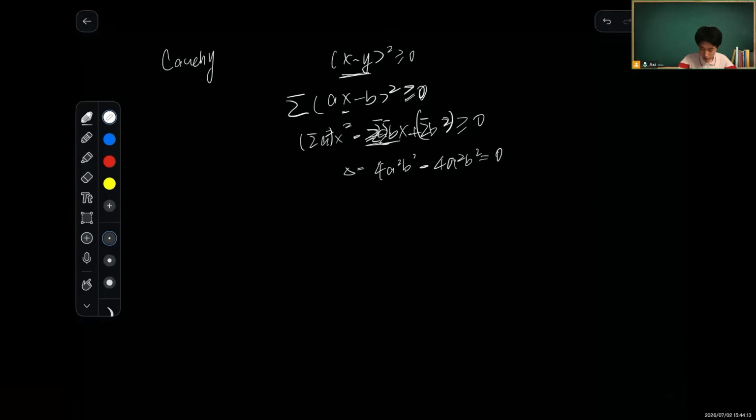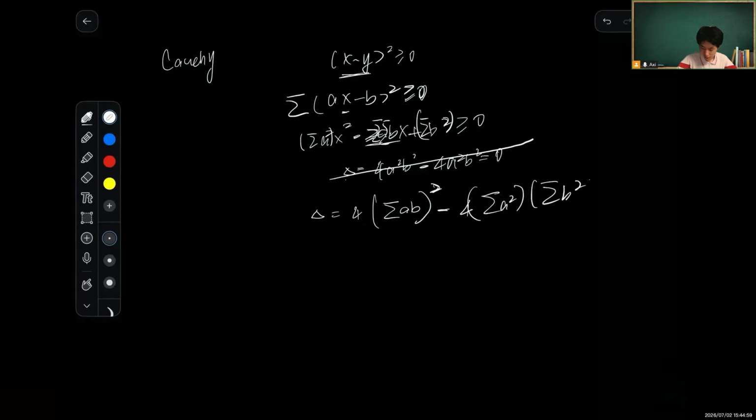In this case, the discriminant now is equal to 4 times the sum of ab, squared, minus 4 times the sum of a squared times the sum of b squared. So more accurately, I should have written 2 times the sum of ab.